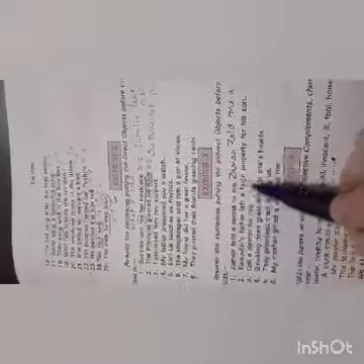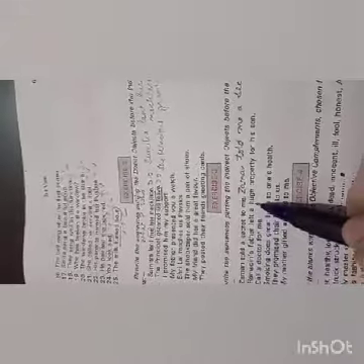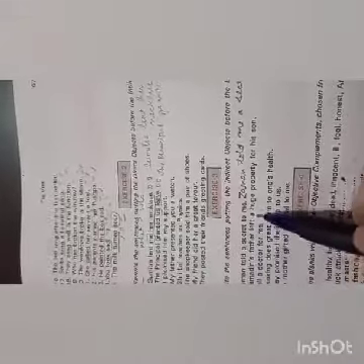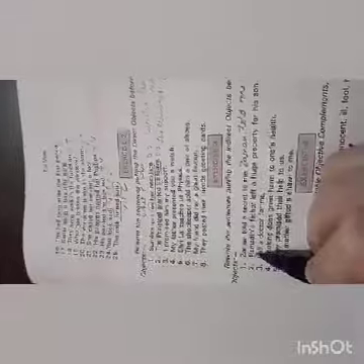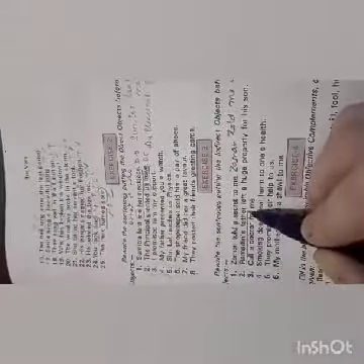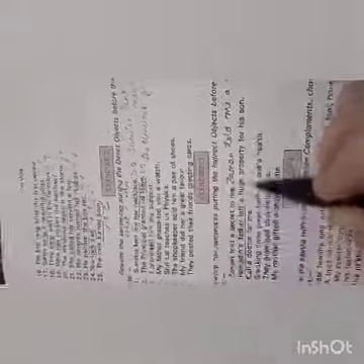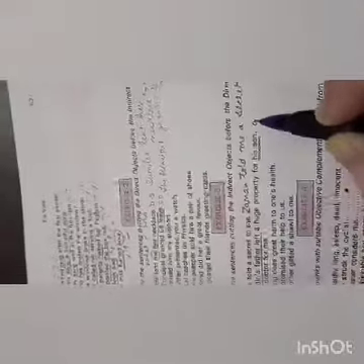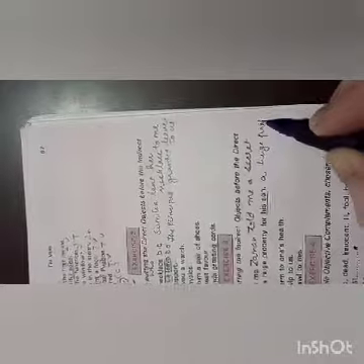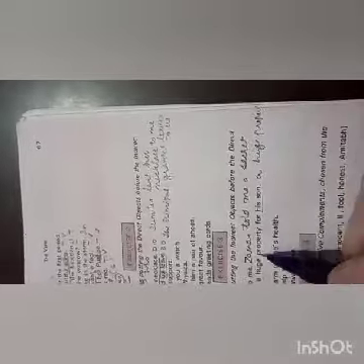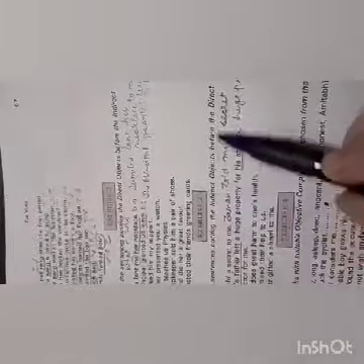Now I'll do the second one also. Ramadin's father left a huge property for his son. Ramadin's father left, just write over here. There's no space to write. You can write: Ramadin's father left his son a huge property. So what you have to do? You have to put the indirect object before the direct object.